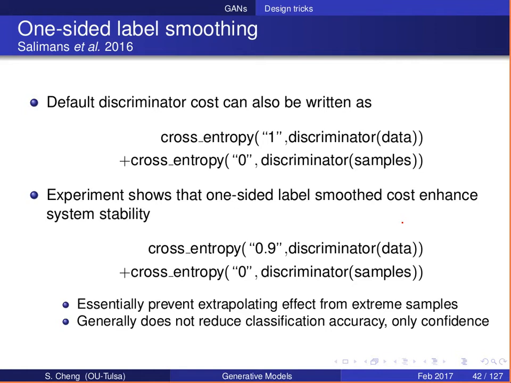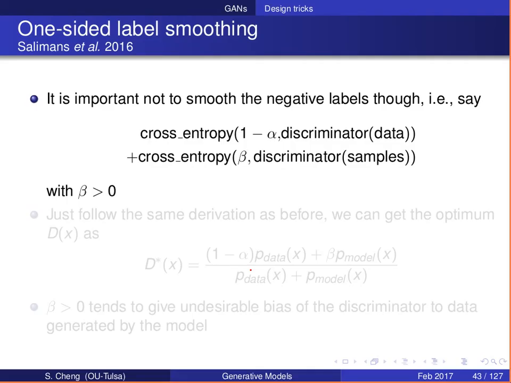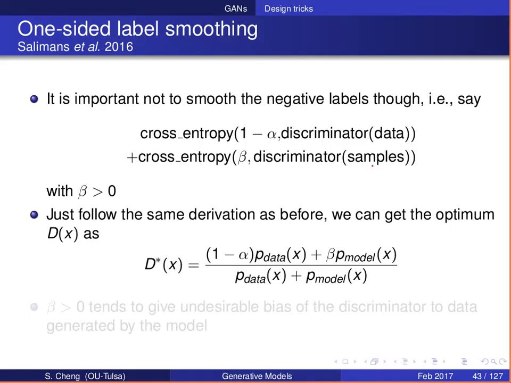And of course you may be interested why I don't do it for the other term. Maybe you want to put 0.1 there also, but it turns out that if you also lower the confidence for the fake data, in the sense that the data is fake but you say I don't think it's really fake, then you end up with a problem, because you can derive that the optimum discriminator will be something like this. You remember the original is like this, so alpha equal to 0, beta equal to 0 is like this.